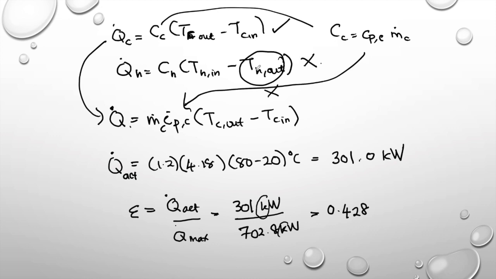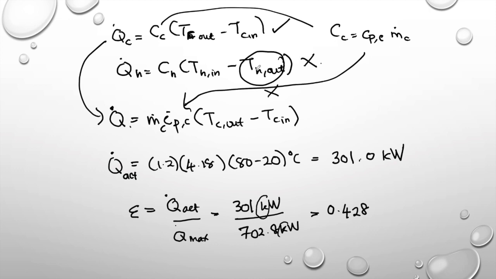This is the easiest way because we use a counter flow, to calculate by using the LMTD method.